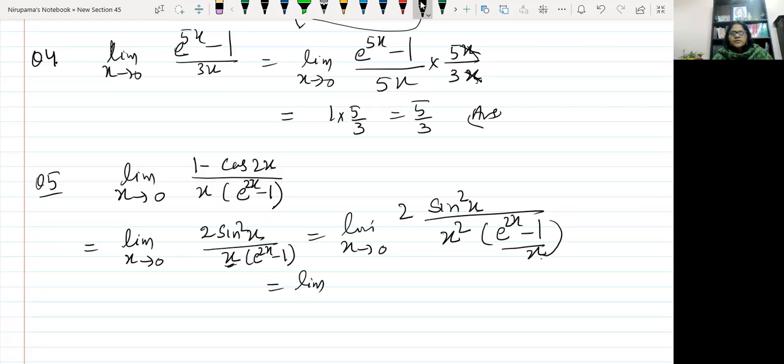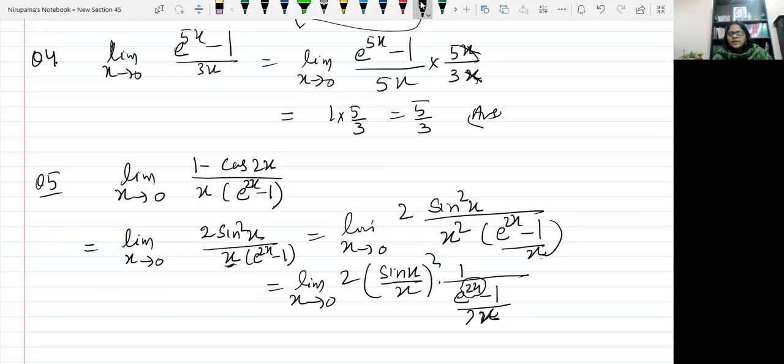This can be written as sine x by x whole square. Now this is e to the power 2x minus 1 by x. Now when the power of e is 2x, we need 2x in its denominator. Let me write here 2 and multiply 2.